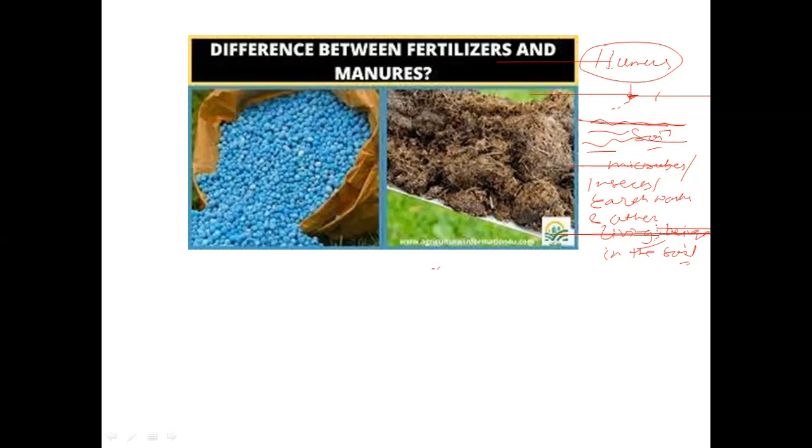And humus is actually very good for soil. One may ask how. You see, earthworms are generally called farmer's friend. Why is it so? You see, a plant needs certain basic things to grow healthy. A plant needs what?